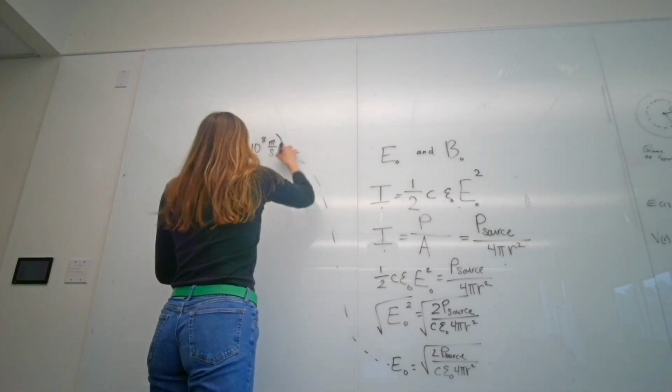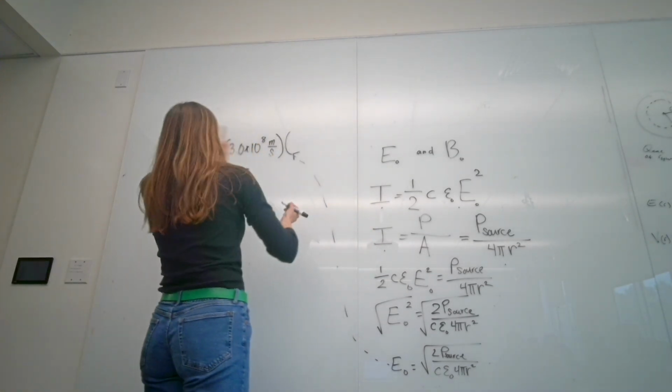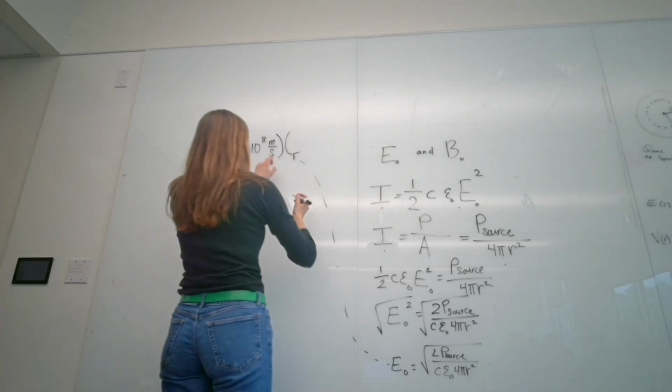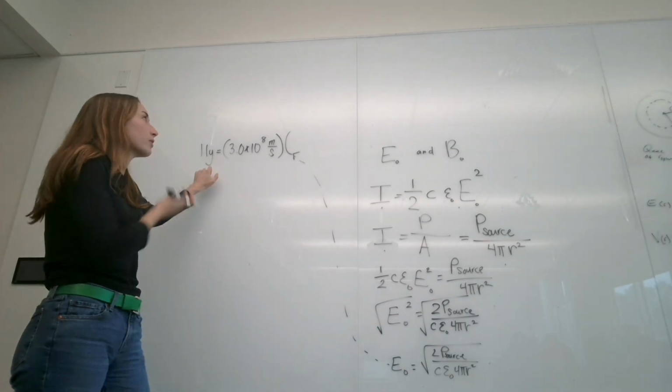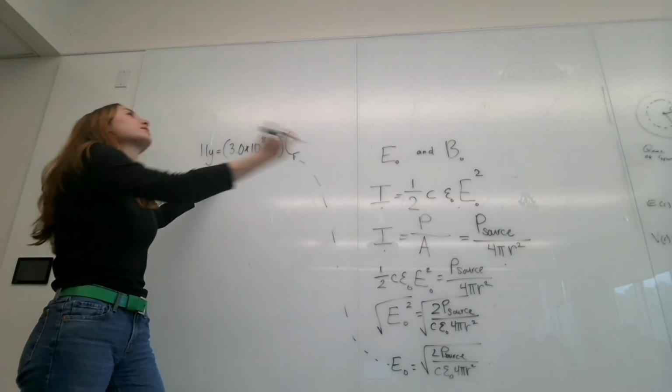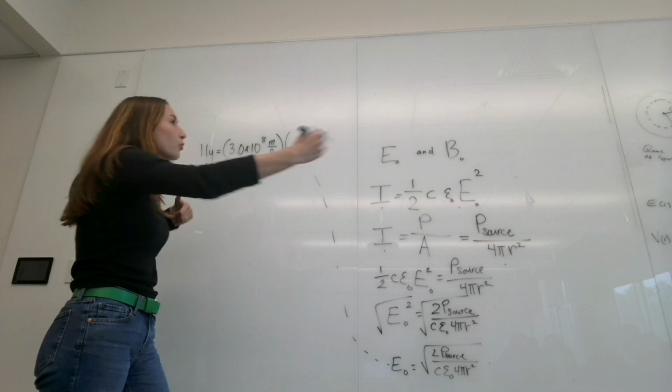Then we're multiplying that by seconds to find meters, right? And the seconds that we're multiplying is the seconds in 1 year, because that's the definition of 1 light year. It's the distance for light to travel in 1 year.